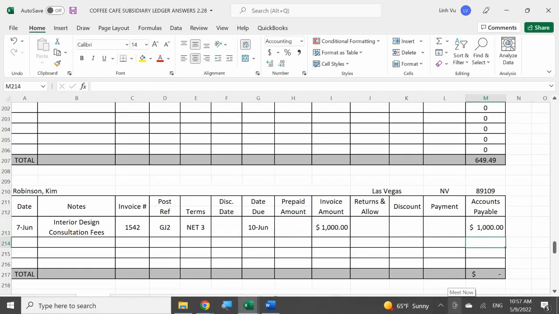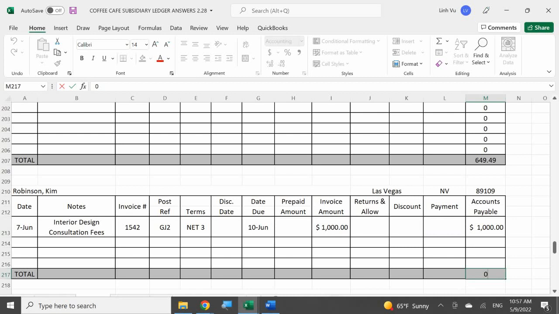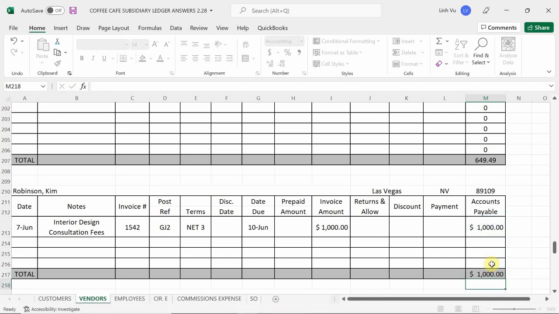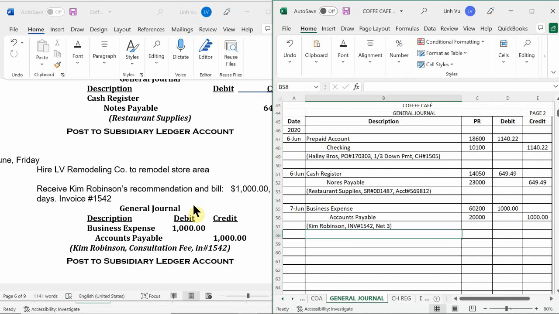Therefore, I owe Kim Robinson $1,000. Any questions here so far? No.